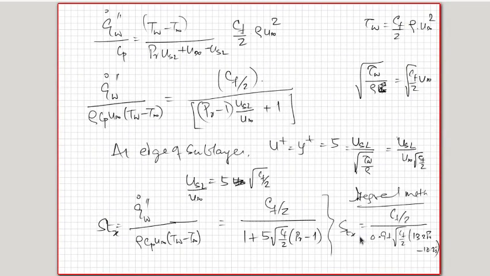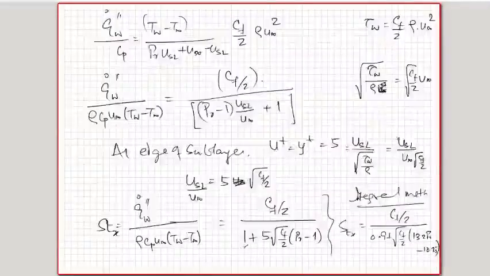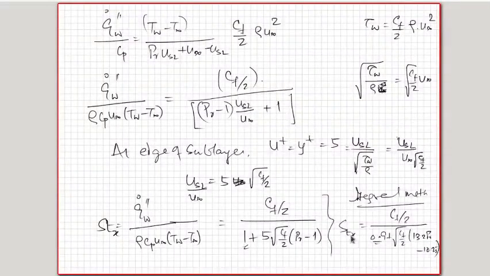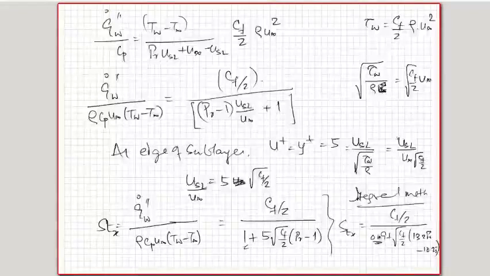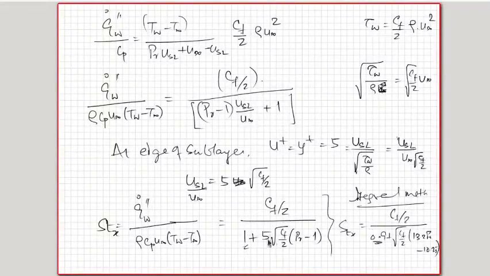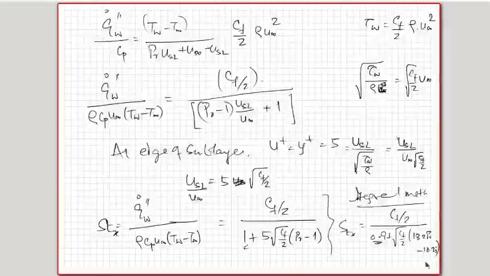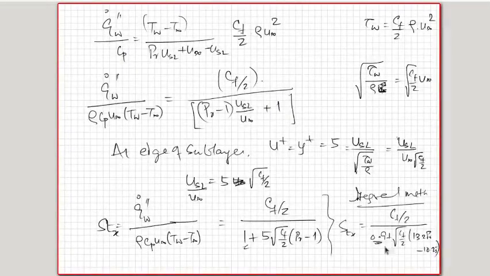So you compare with this. This 1 has become 0.9 here, but that's because we assumed the turbulent Prandtl number to be 1. Actually, turbulent Prandtl number by experiments comes out to 0.9. The square root of Cf by 2 is there. You have a 5 Pr minus 5 here. Instead, you have a 13.2 Pr minus 10.25 in the experimental data. So that's the difference that you get.